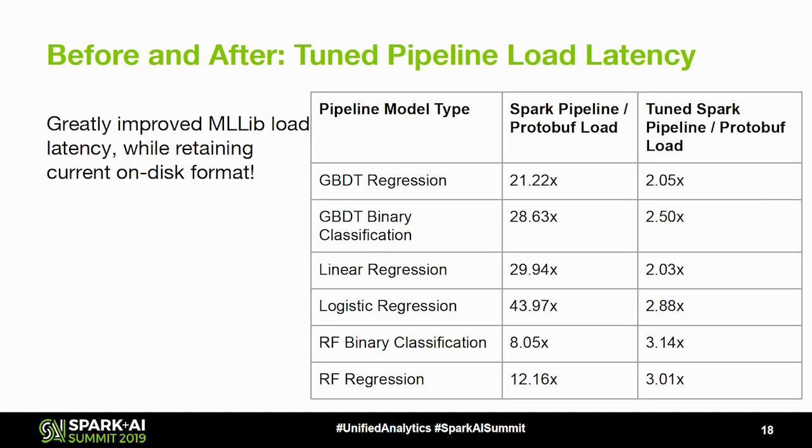So after making these 3 changes, you can see the last column here is the latency of Spark pipeline load versus the latency of our custom Protobuf. Still not faster. It's really hard to beat a binary representation that's custom. But it's 2 to 3 times slower, which we thought was well within the target we wanted to have.